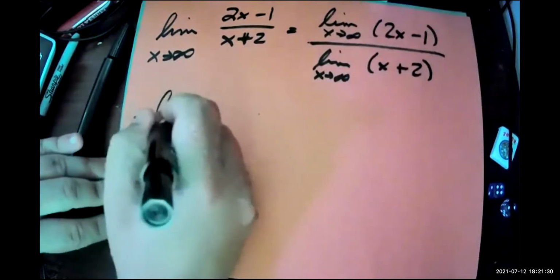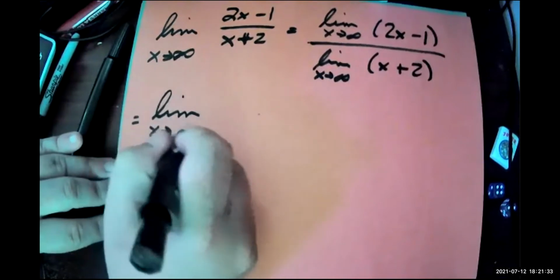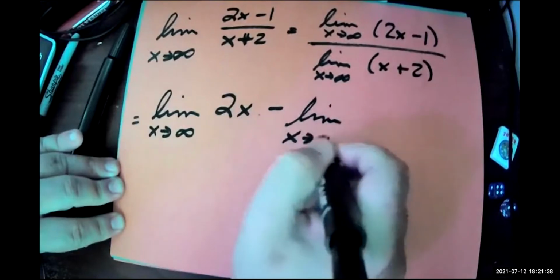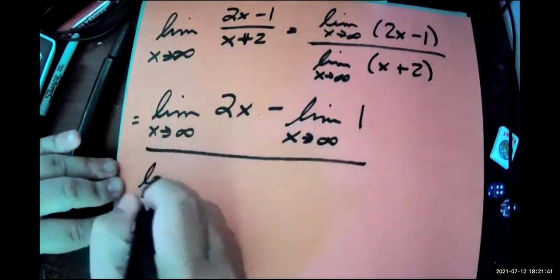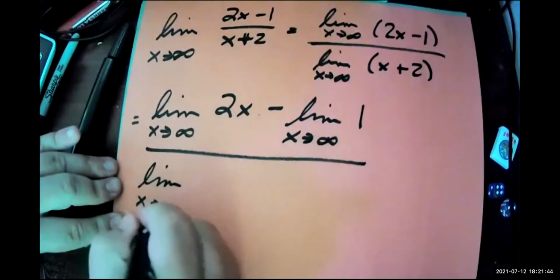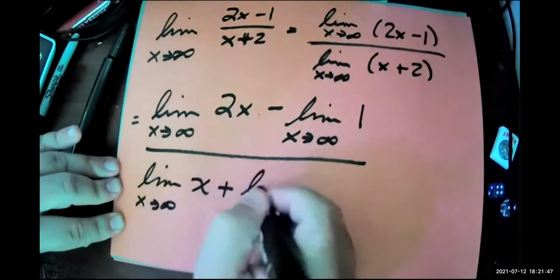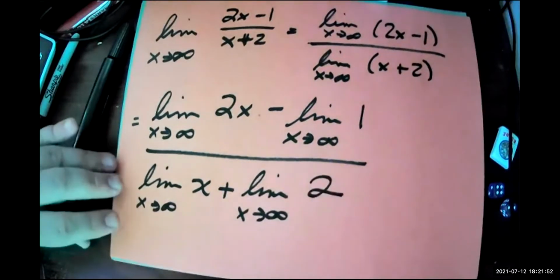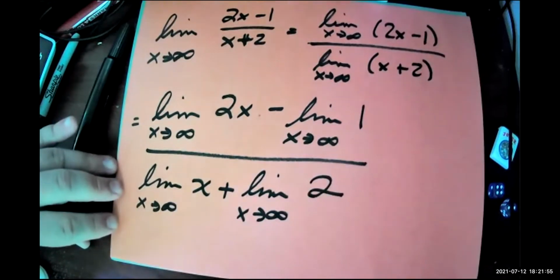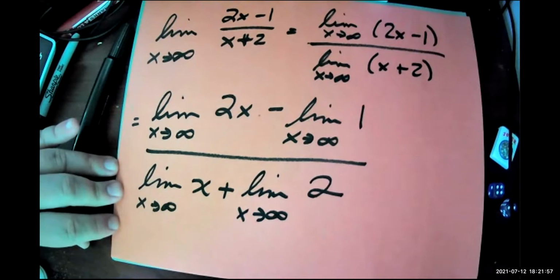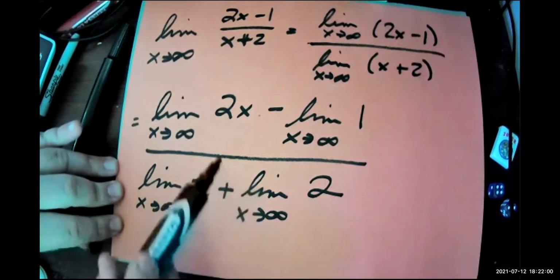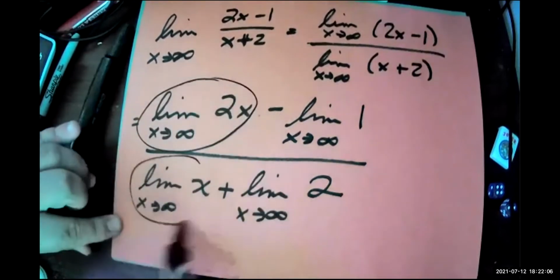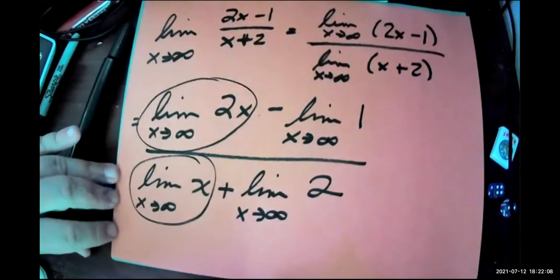So I can rewrite this to look like this. Now, if I try to do these, I do kind of run into a little bit of a problem, because this becomes infinity, and so does this. And I have something of an indeterminate form where I can't get my answers.